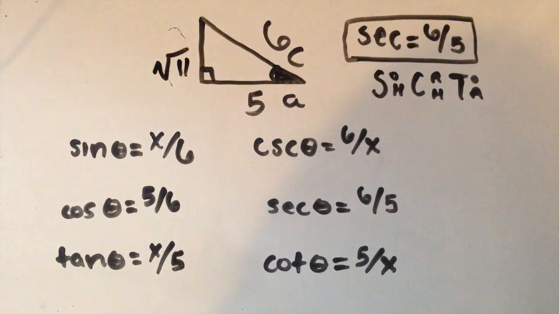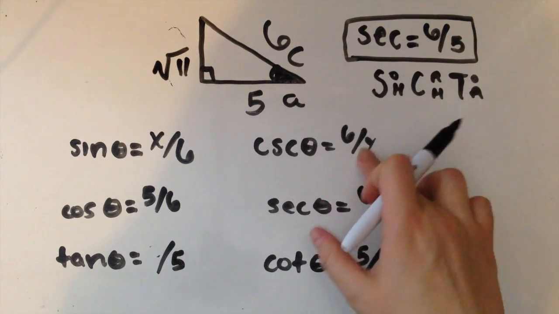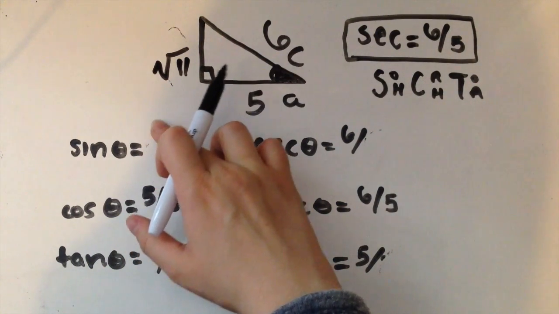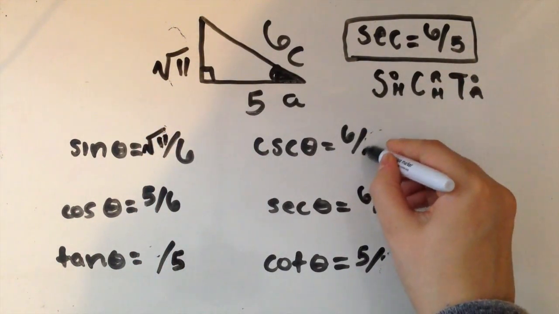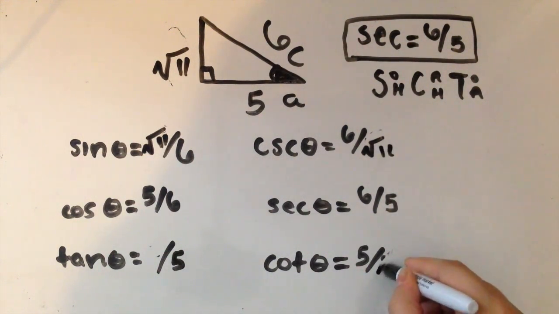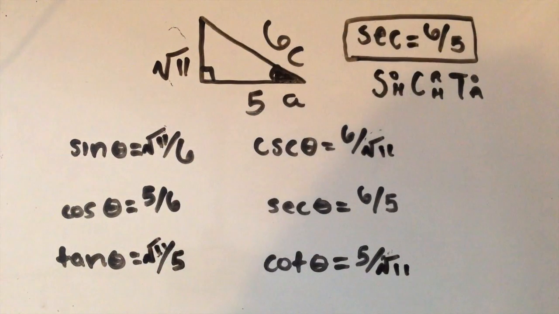We can also fix our ratios because we have the opposite side. Now you have your 6 trig ratios and you have all 3 side lengths for your right triangle.